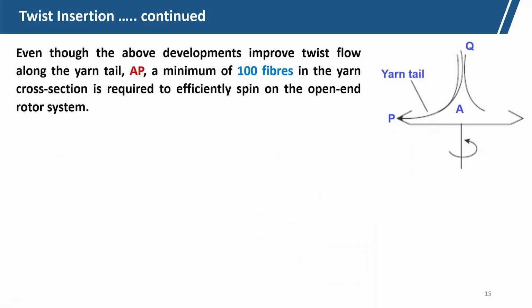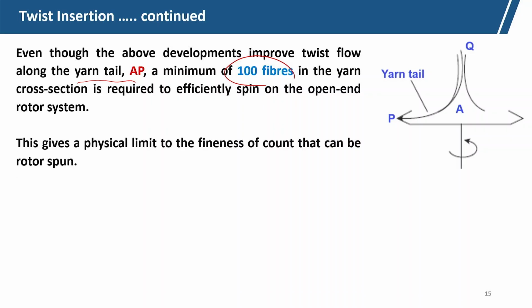Even though the above development improves the twist flow along the yarn tail AP, a minimum of 100 fibers in the yarn cross section is required for efficient spinning. We cannot reduce the number of fibers like in ring spinning. This gives a physical limitation on the fineness of count.